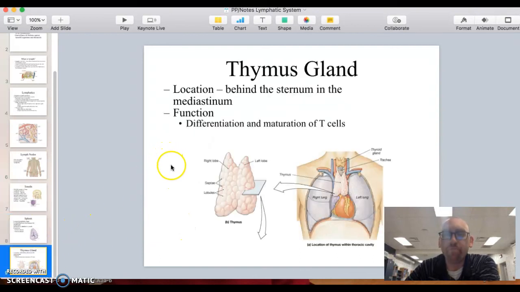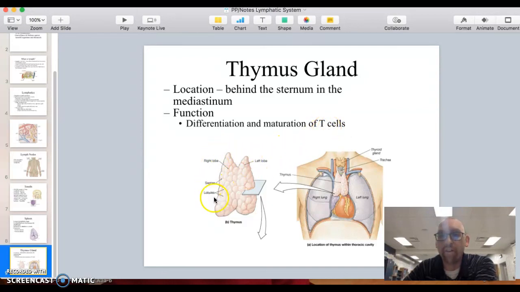You also have what is called your thymus gland, okay? And this is actually right here in your chest cavity, right behind your sternum, kind of right above your heart sits this gland, okay? And this helps in developing and making your T cells, which remember are one of the types of white blood cells that help fight infection and stuff.